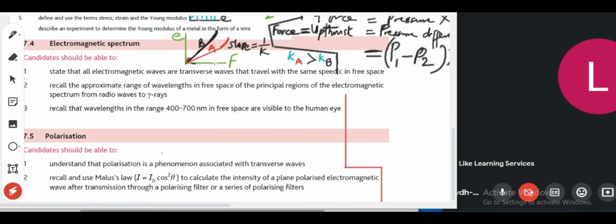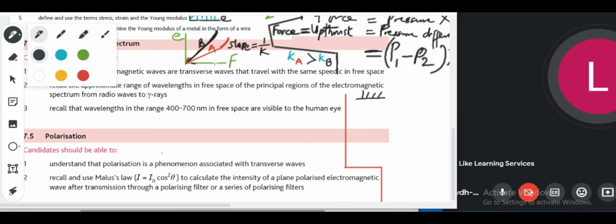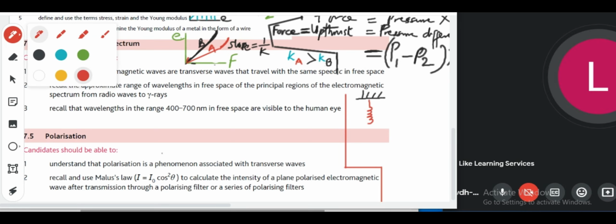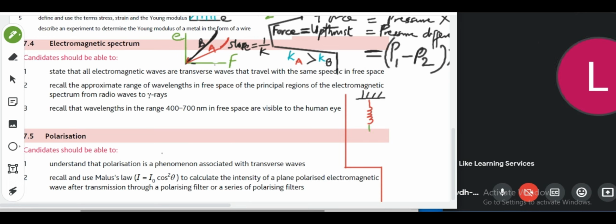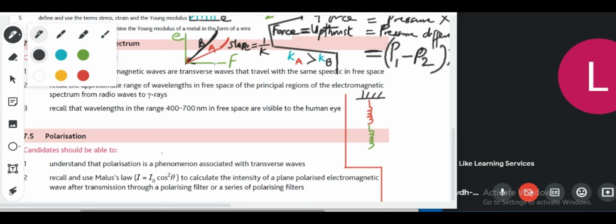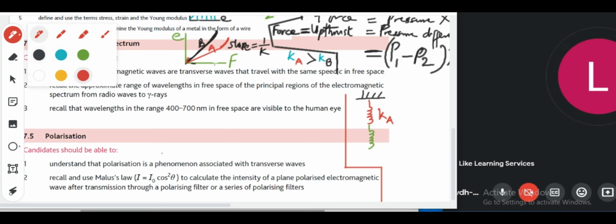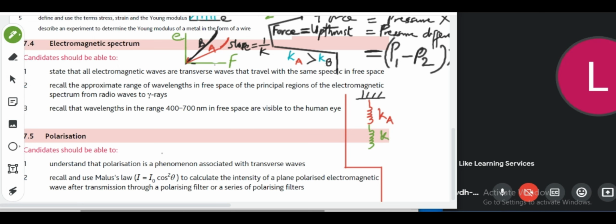Now, a string can be connected in series like this. I mean, you can have two strings in series. This is one string, then yet another string. I'm going to add this other string in green. So let me call the first string A, having a spring constant of Ka, and then I'm going to call the second string B, having a spring constant of Kb.